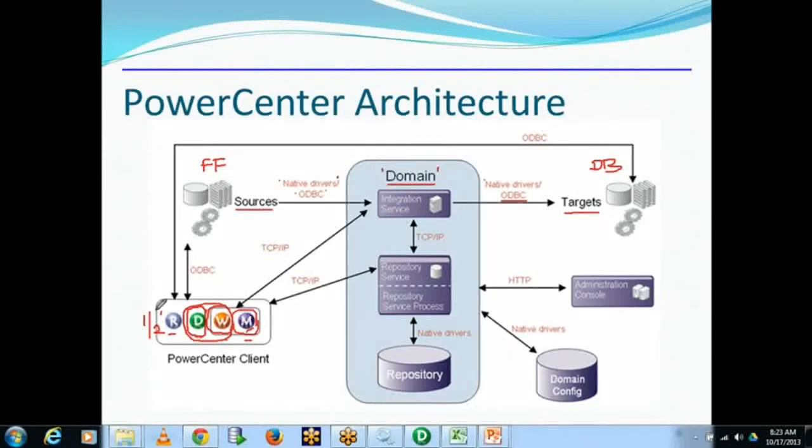Now the client tools can connect to the targets using the ODBC connection. Now the connections are not, I would not say standard. I would say it is based on what kind of source and what kind of target we are using and what methodology is being followed within that project.